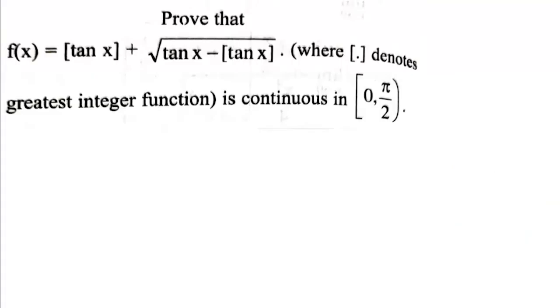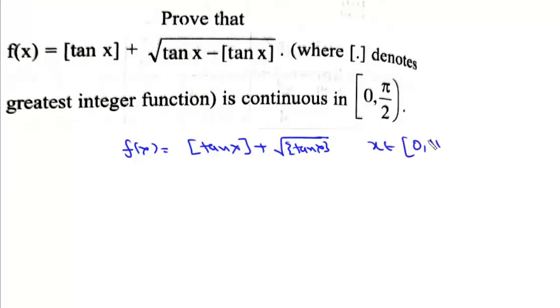Now the question is, we are given this function f(x), which is defined as the greatest integer function of 10x plus under root of the fractional part of 10x, when x belongs to 0 to pi by 2. Now what we'll do is we'll take 10x as t.